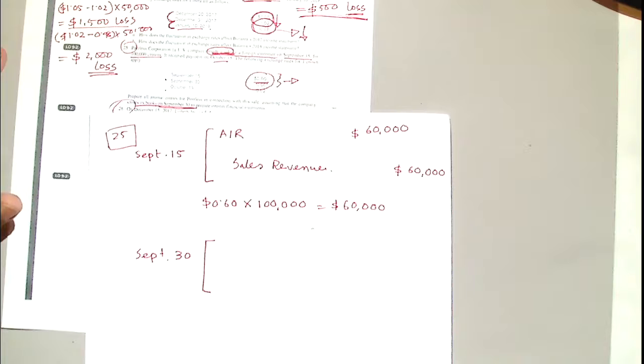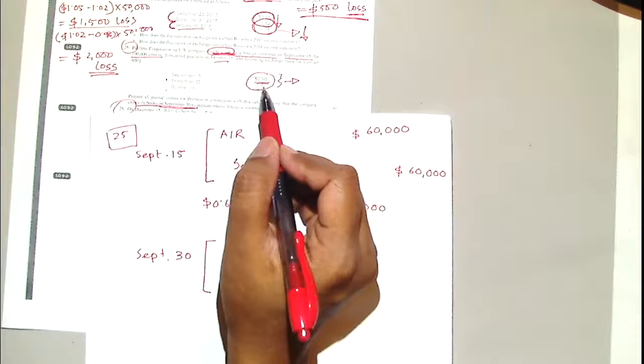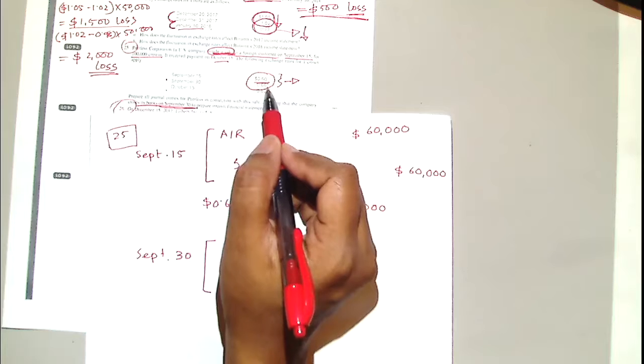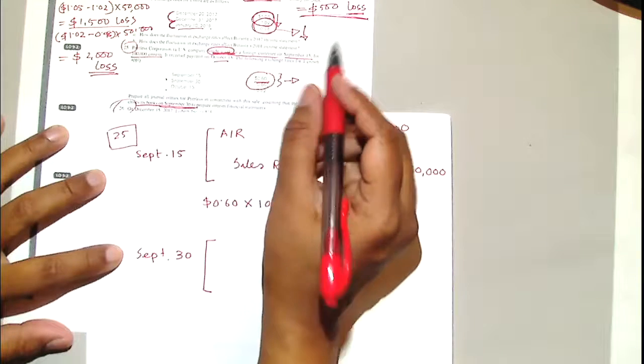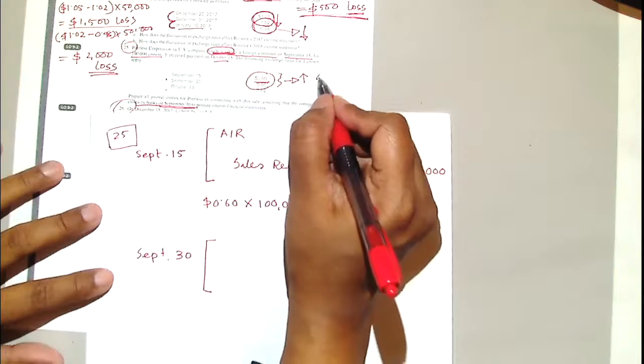Gain. You are making a gain, right? Why? Because you are expecting to receive the crown, so crown value goes up against the dollar. Now to buy 1 crown, you have to pay 6 more cents. Since you will receive those crowns, you are making a gain.